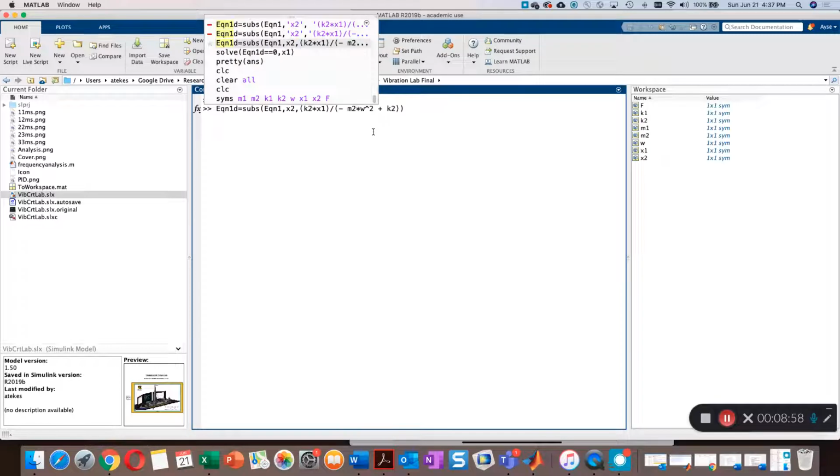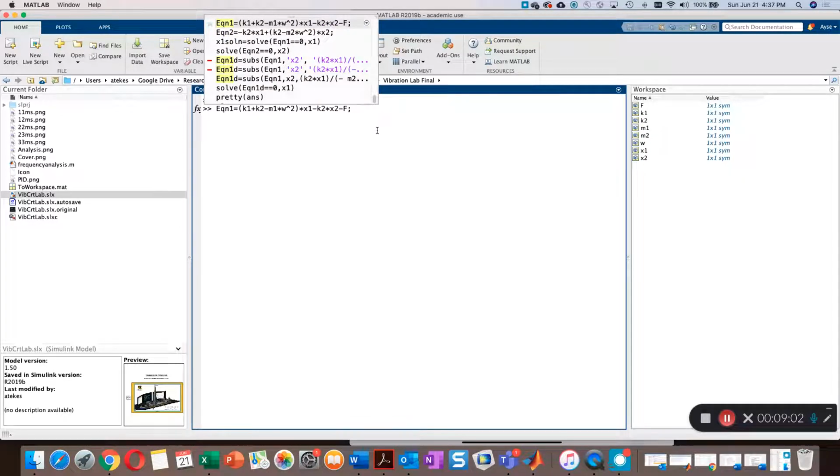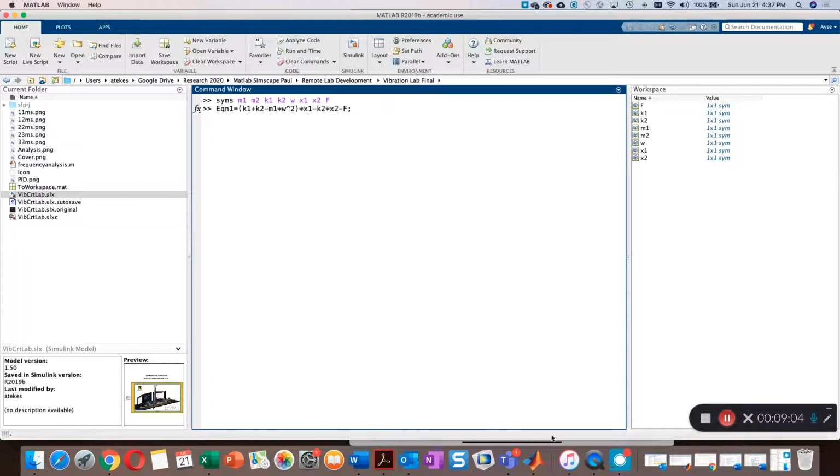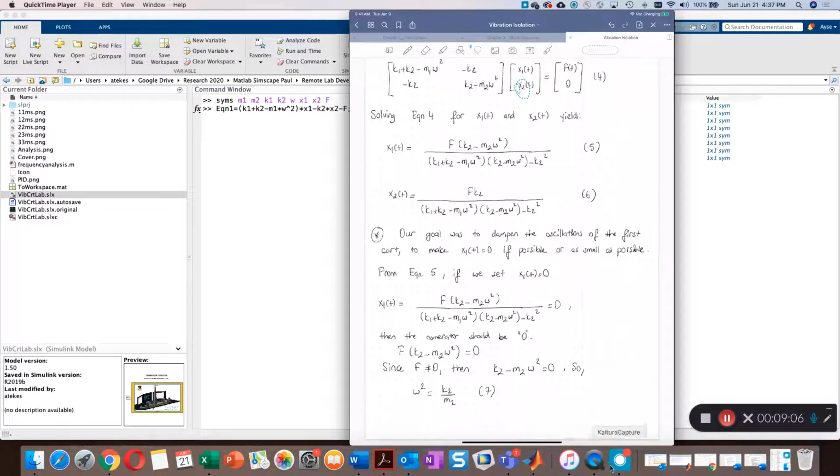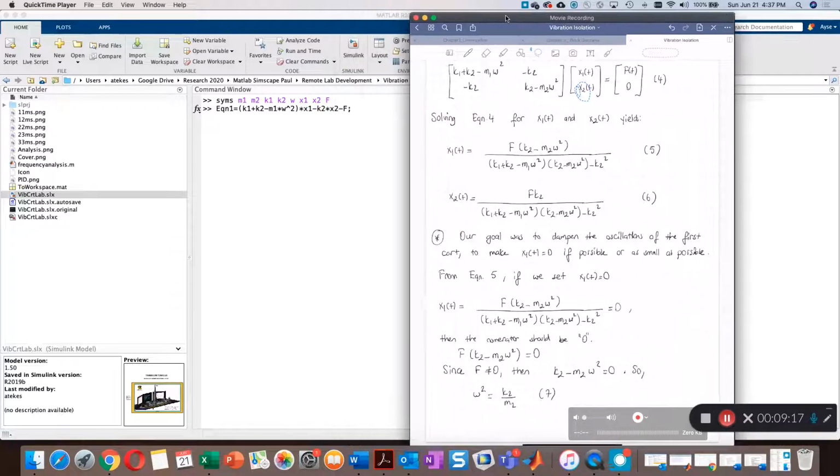Equation number 1, remember it was k1 plus k2. This all comes from the first row, first column. I have k1 plus k2 minus m1 times omega squared multiplied by x1. Then we have minus k2 times x2 minus f.